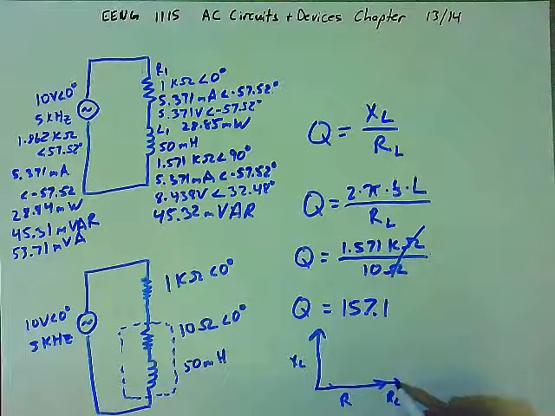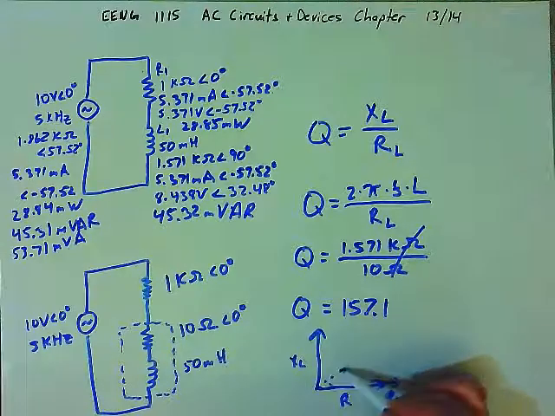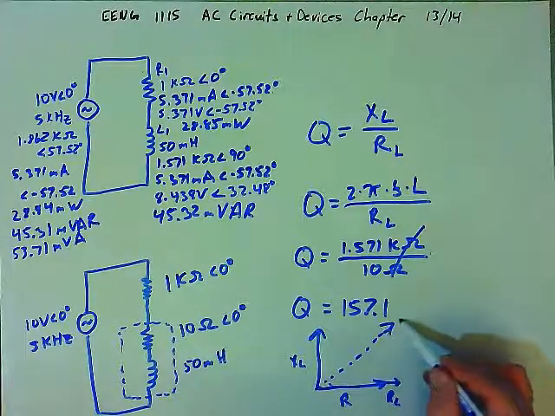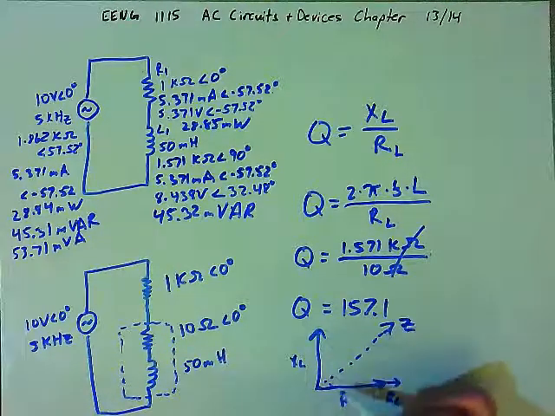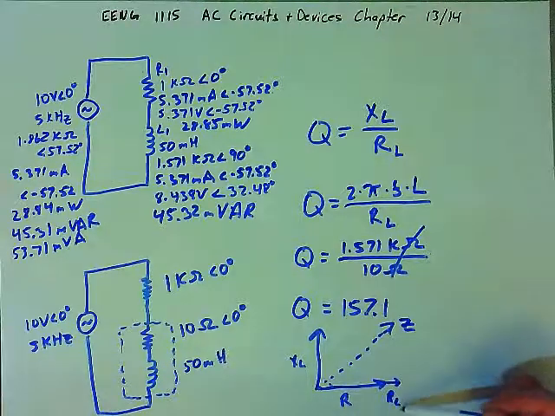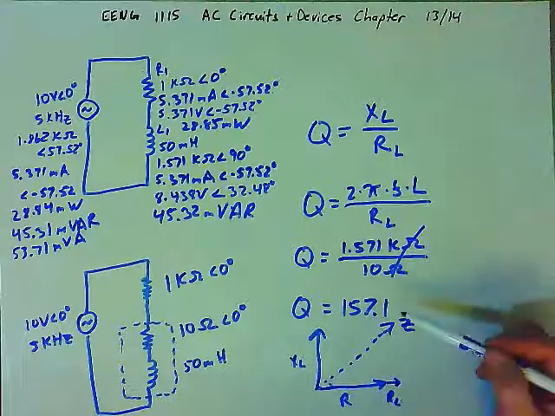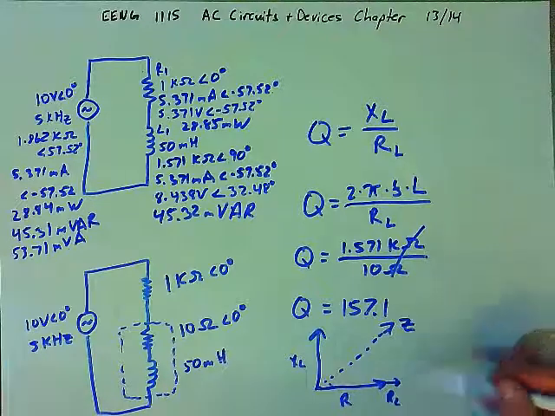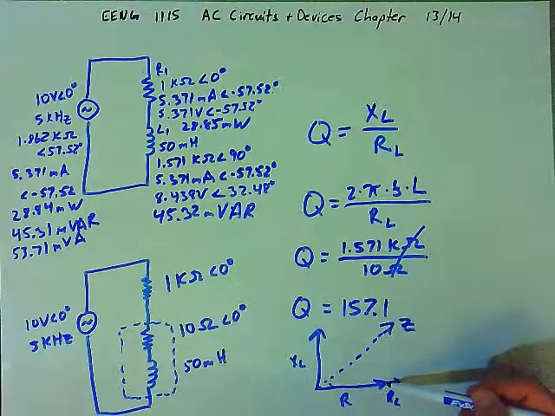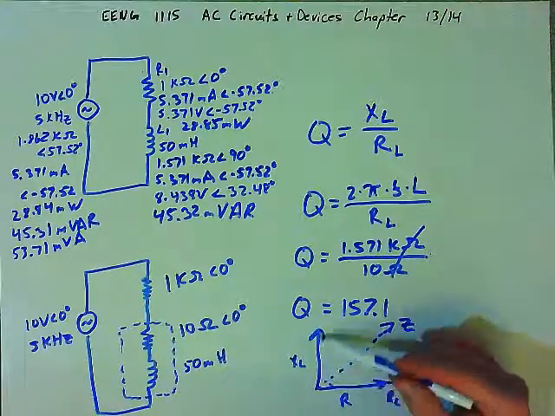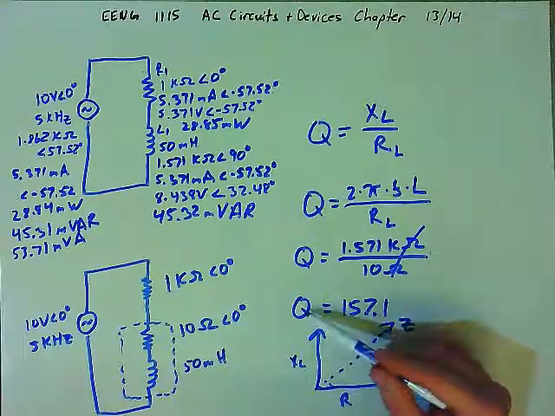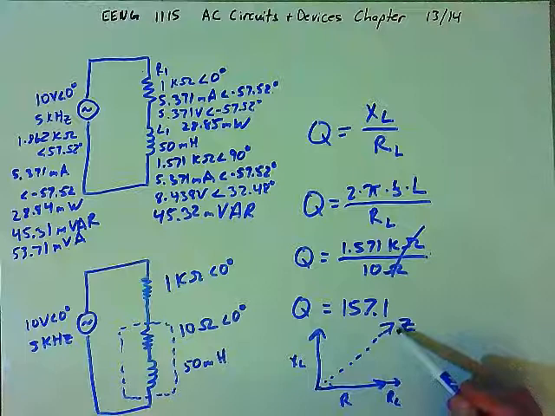We want it to be relatively small. The total impedance, Z, the resultant of these three vectors, is going to account for R sub L. We want the quality to be as high as possible. The higher the quality, the smaller this R sub L value is compared to this X sub L. So higher quality results in smaller changes in Z.